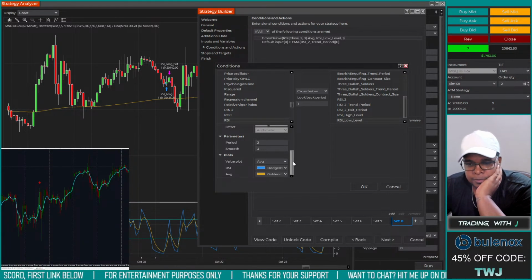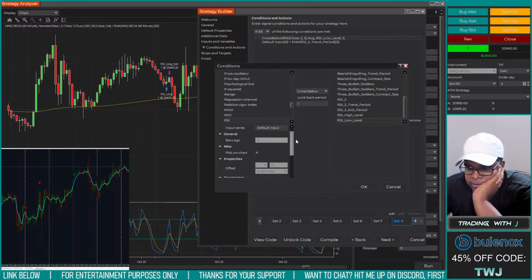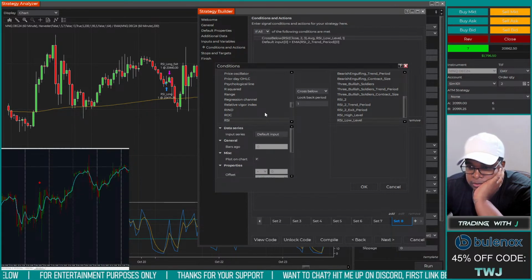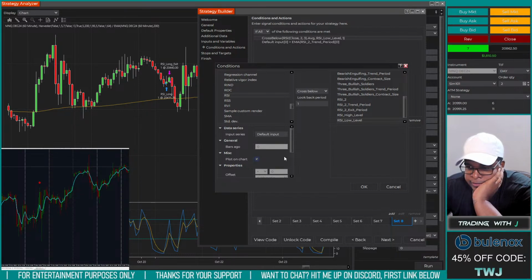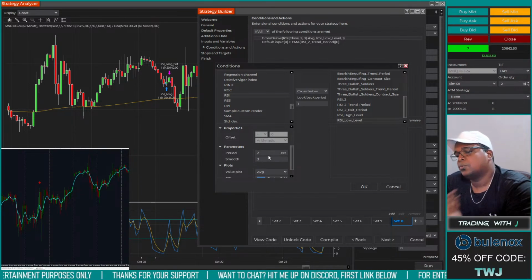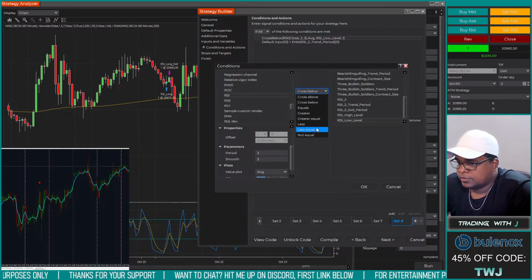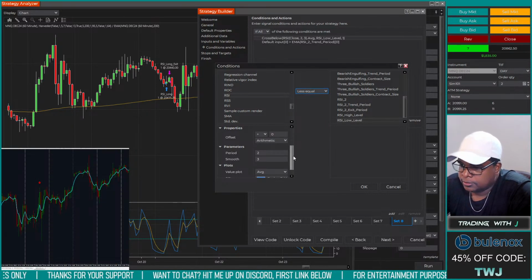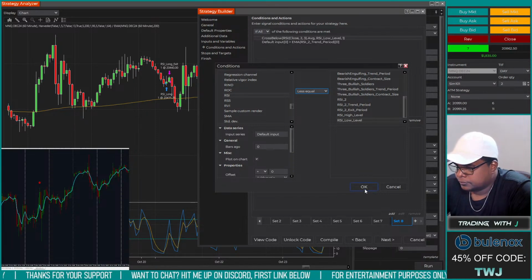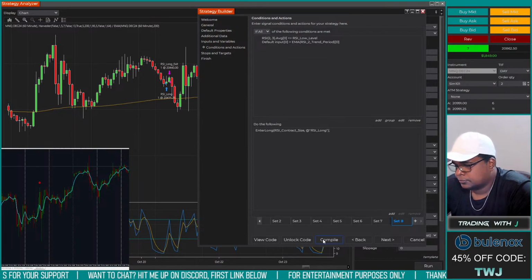Alright, I am missing something. I am missing something. What am I missing? I don't know what I'm missing. The RSI period 2 is less than or equal to, not crosses below. Zero level.